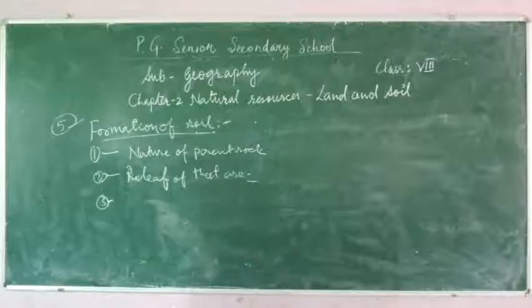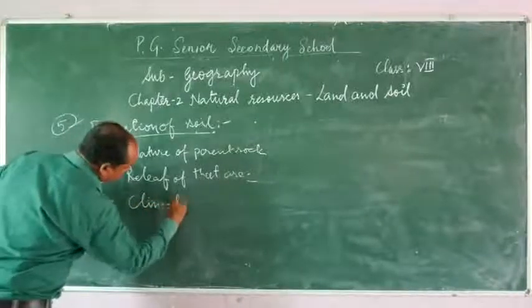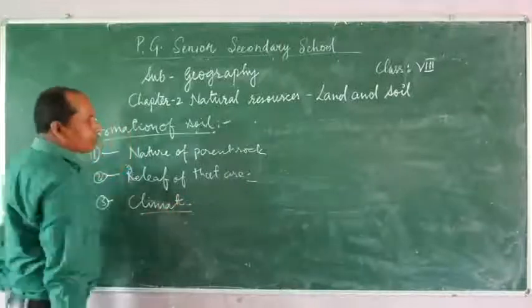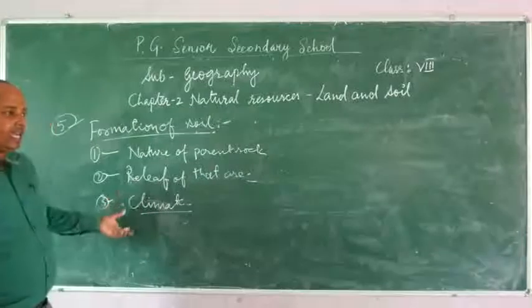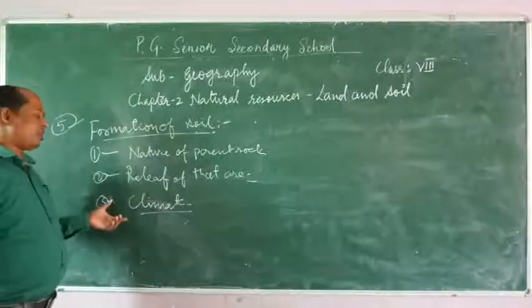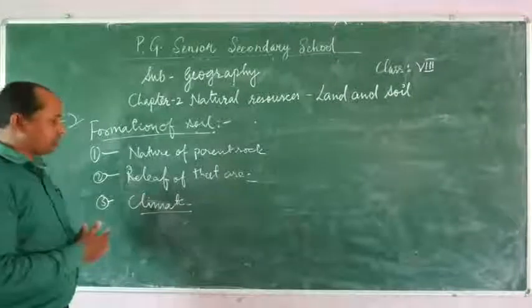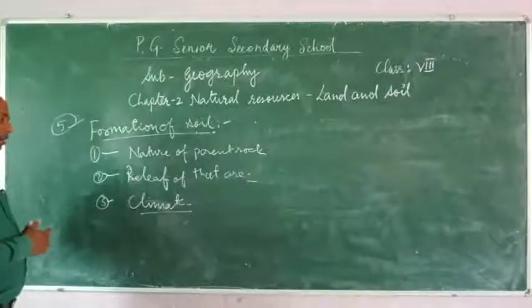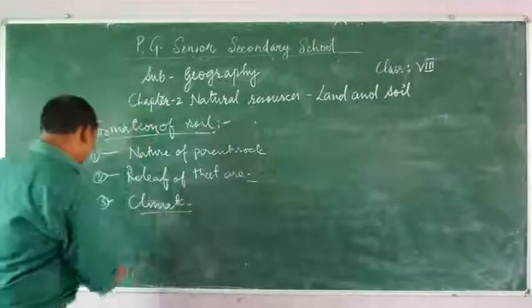And the next is the climate of that particular place. You know well, weathering and climate have great effect on the parent rock, and they are responsible for the growth of plants and for the formation of soil in a particular region.